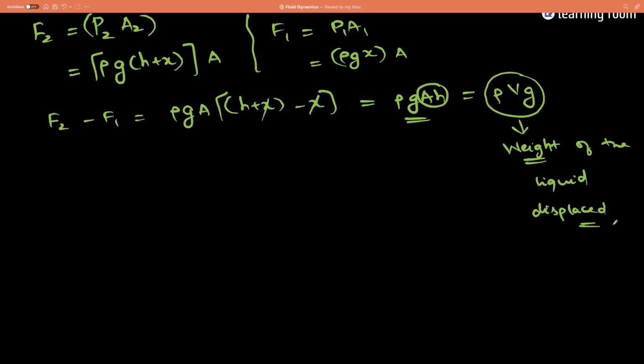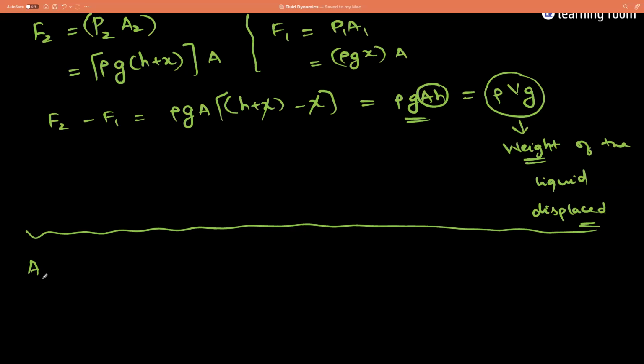Okay. So the next part that they will ask you is something called apparent weight. See, apparent is always the changed value. So apparent weight is given as weight of the object minus upthrust.